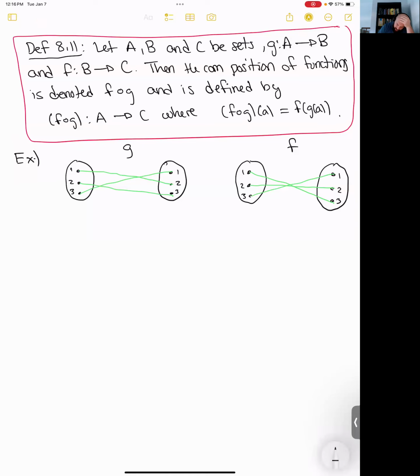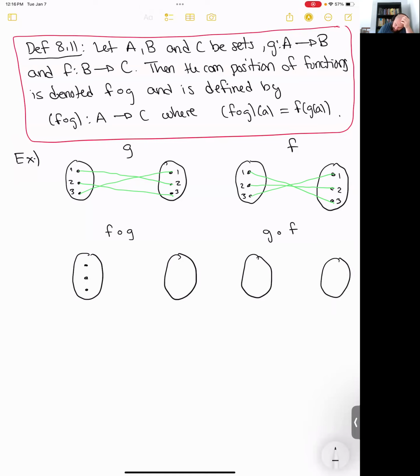So in particular, we can write down what this composition is, and we can write down what this composition is, right? So again, since the domain and codomain of both functions are the same, the domain and codomain of the composition will also be the same. And so let's just set that up.